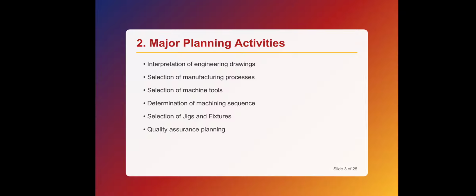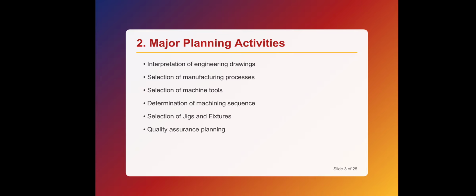The first one is interpretation of engineering drawings. The second is selection of manufacturing processes. Third is selection of machine tools. The fourth is determination of machining sequence. The fifth is selection of jigs and fixtures. The sixth is quality assurance planning.